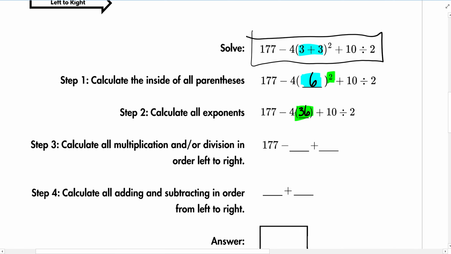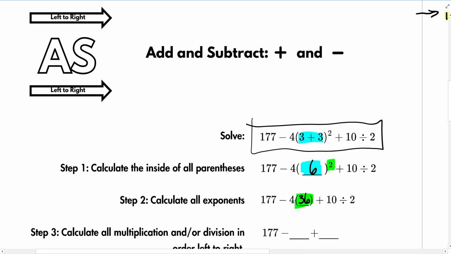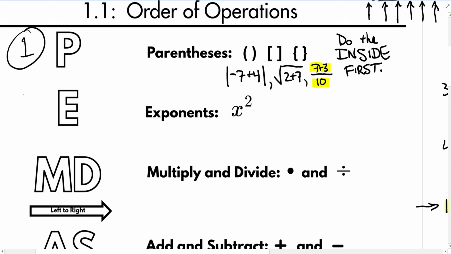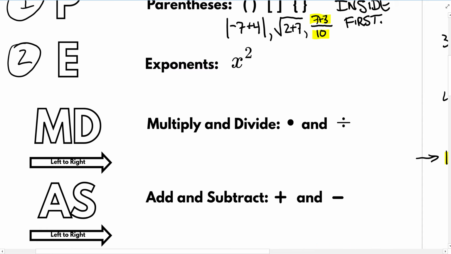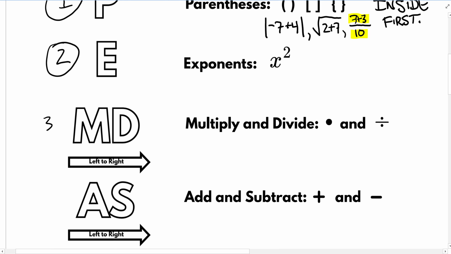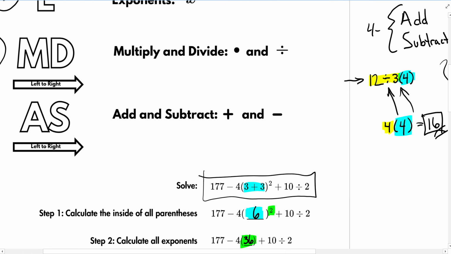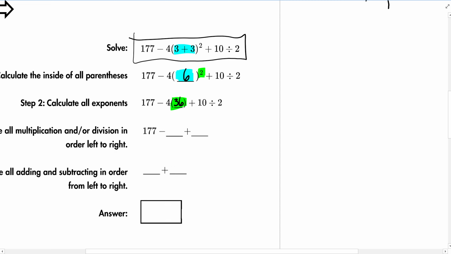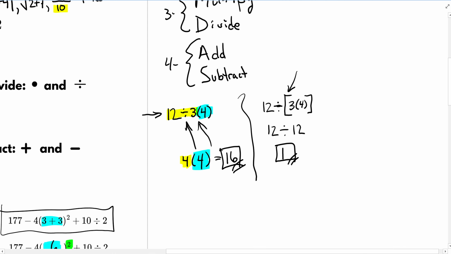Then next, step 3, it says calculate all multiplication and or division in order from left to right. So we have gone through parentheses. We did that. Exponents. When we did 6 squared, we got 36. We did that. Multiply and divide. Sometimes when you're doing a problem like this, you have to do one before you can do the other. I had to do this in 2 steps because they were tied together.